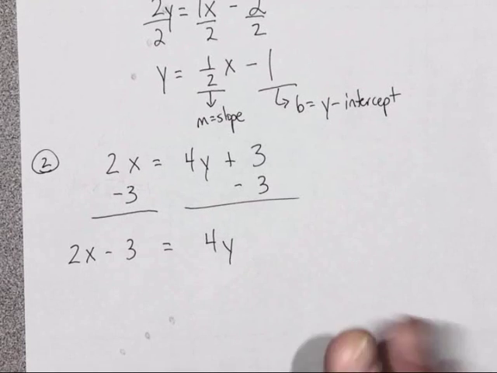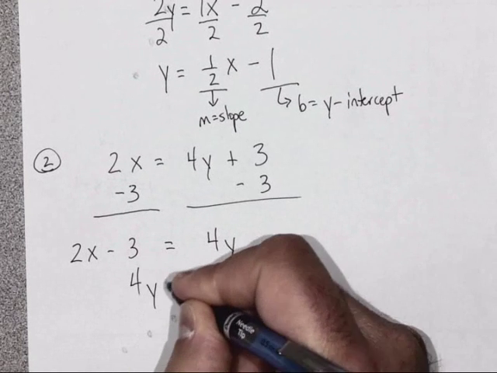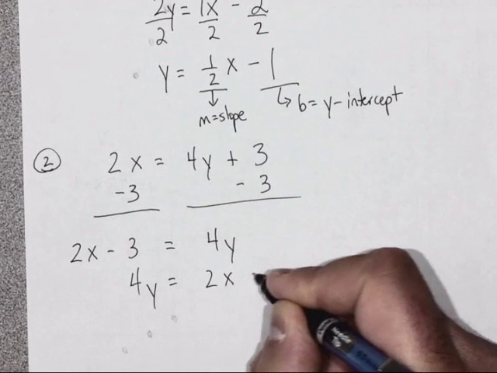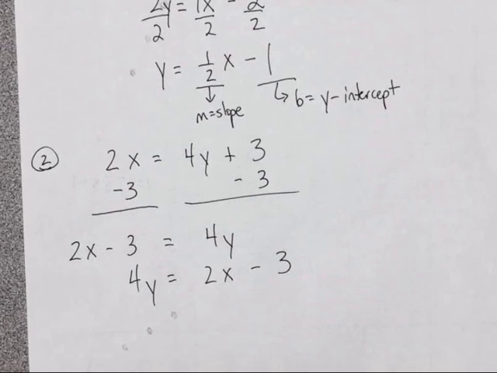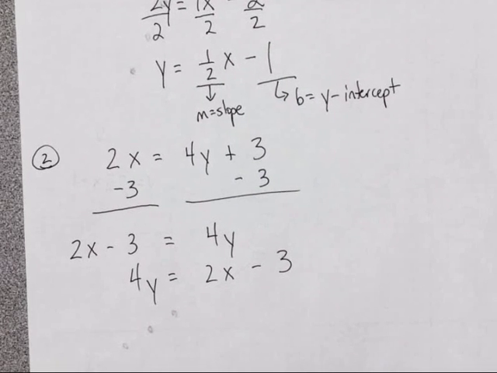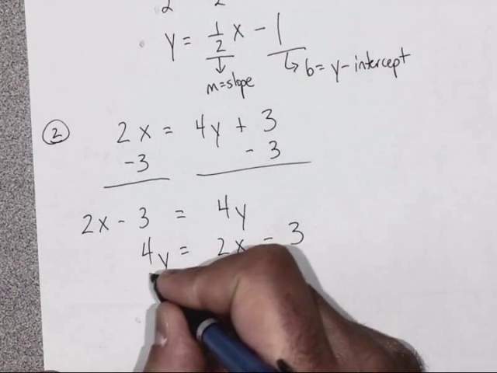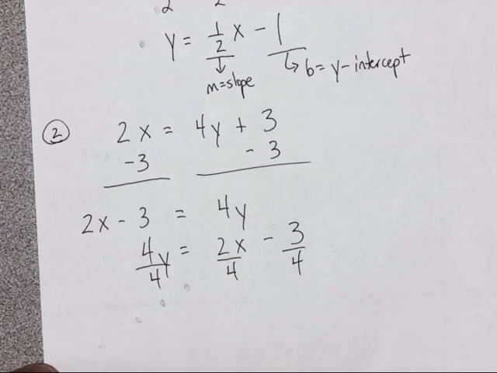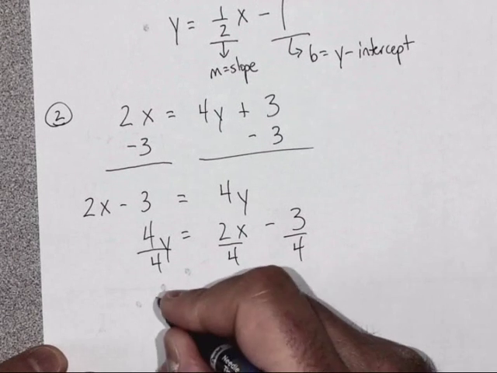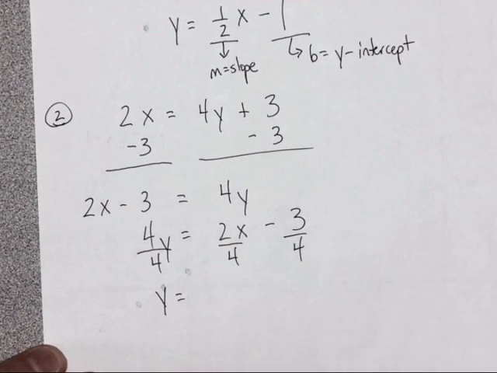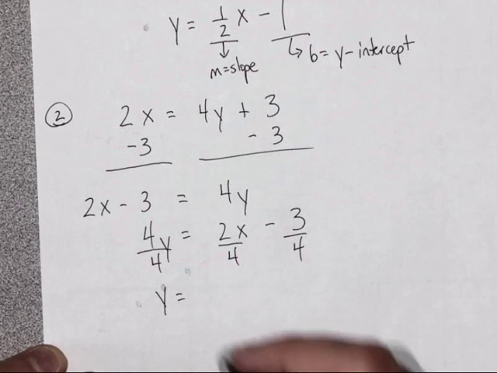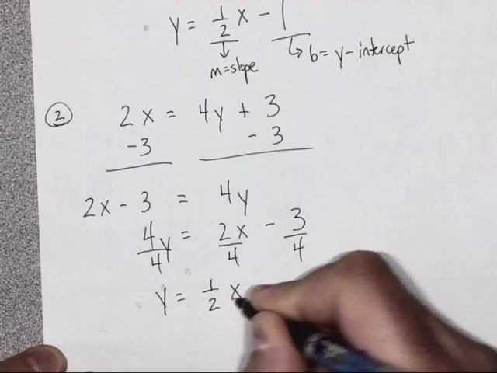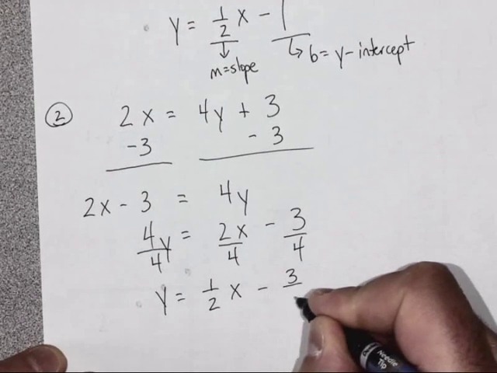And then I'm just going to reverse this, just to put y on the left side and x on the right side. Divide everything by 4. So y equals 2 divided by 4, that's a fraction, 1/2 x, minus 3/4.